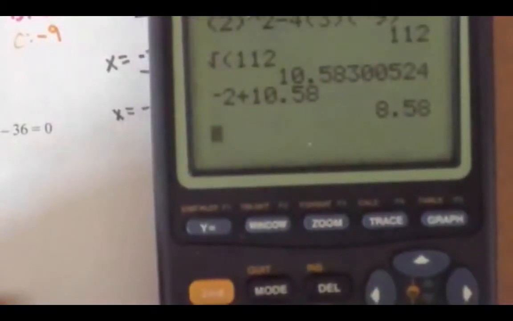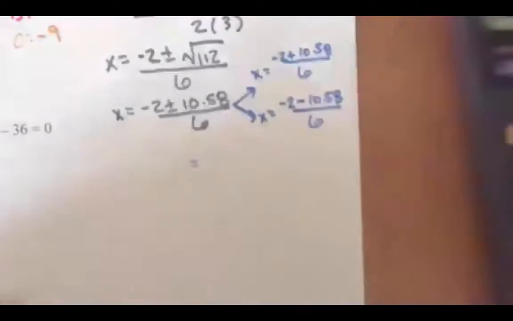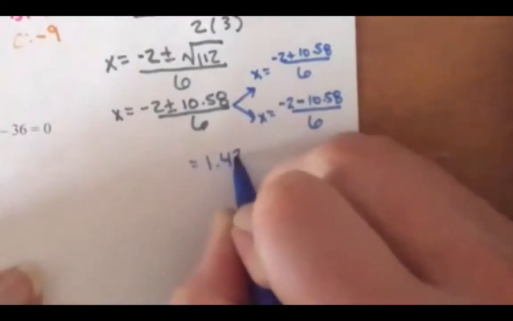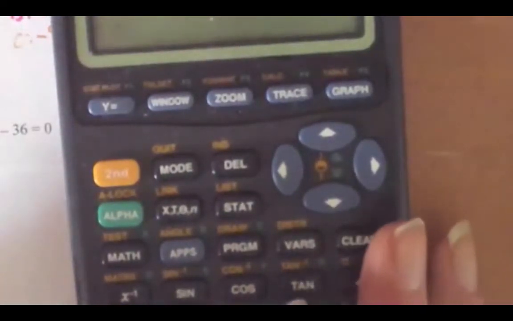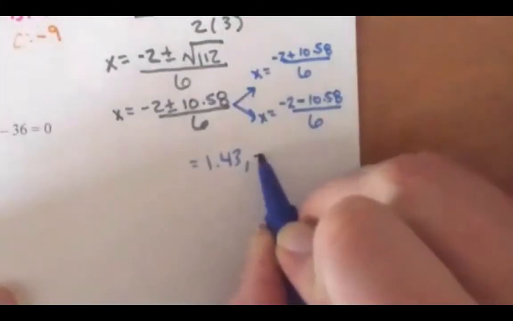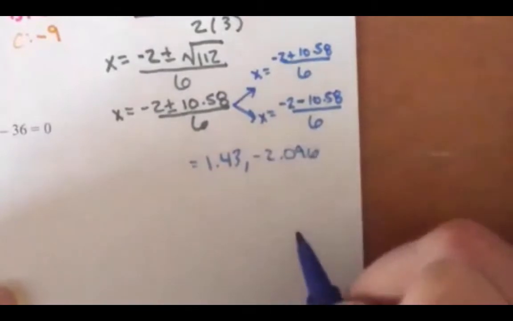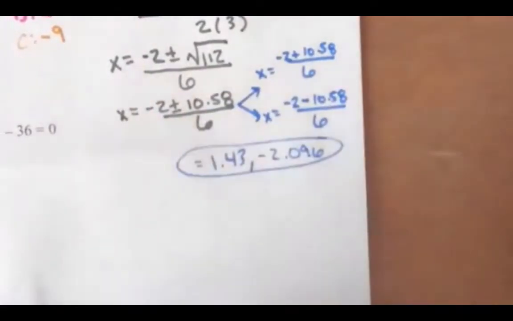Make sure you hit enter, then divide it by, what was it, 6? So 1.43. -2 minus 10.58 divided by 6 gives me -2.0967, you can round it. We're not really picky about the rounding, okay guys? This is coronavirus math.